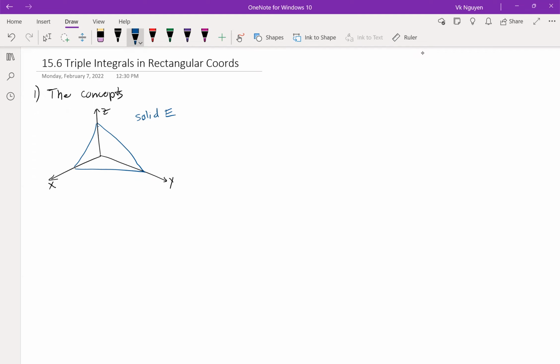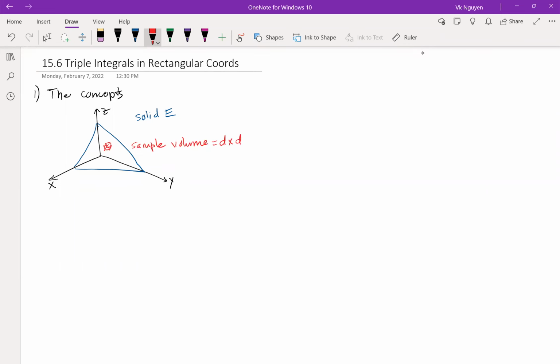We can figure out the volume of this solid. You can take a sample volume, see, this is a sample volume. It's change in x, change in y, change in z.